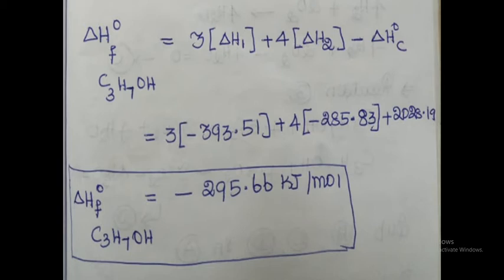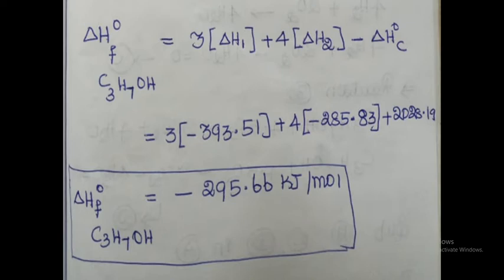Okay. So as per the procedure, delta H naught F of C3H7OH is equal to 3 into delta H1 plus 4 into delta H2 minus delta H naught C. Are you clear or not? Okay. So delta H1, delta H2, delta H naught C are given in our problem.